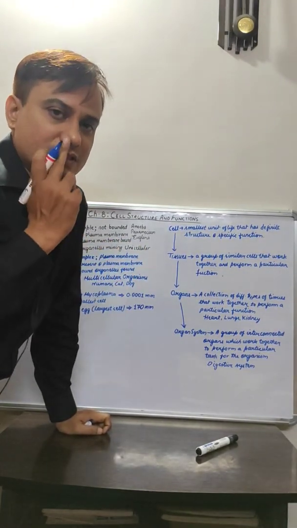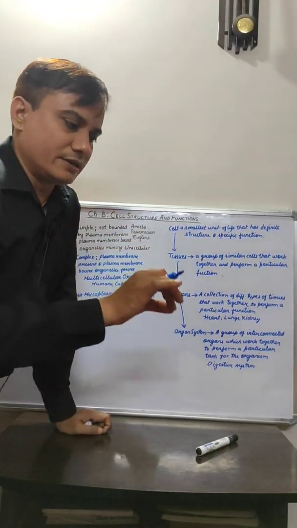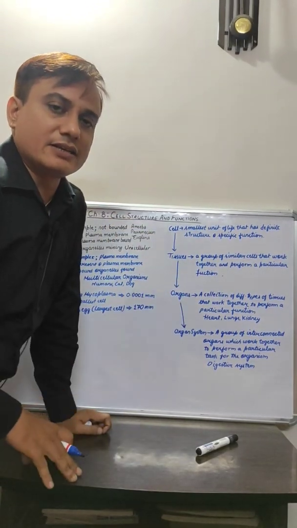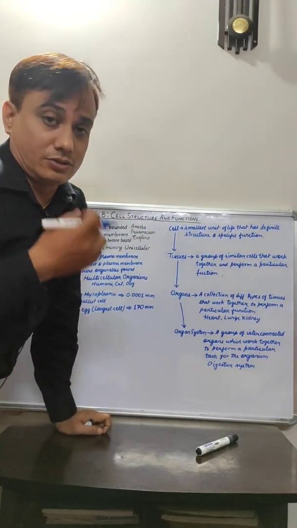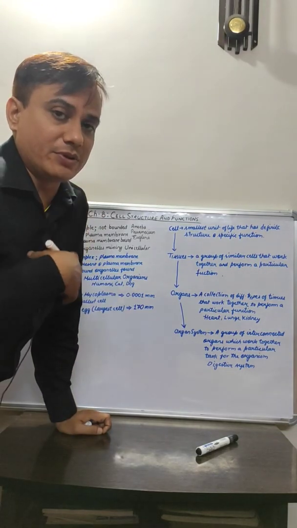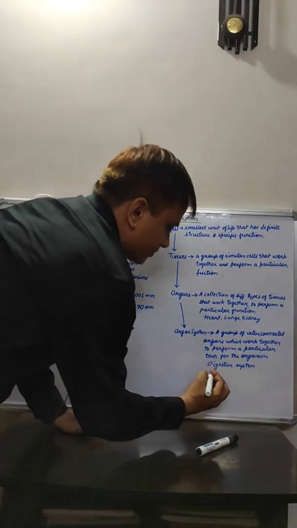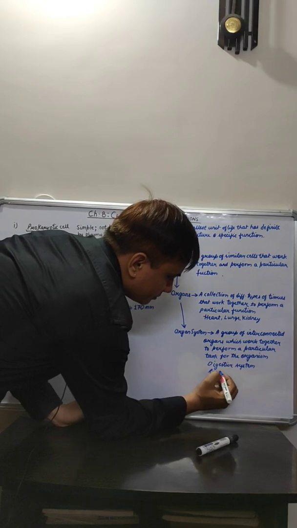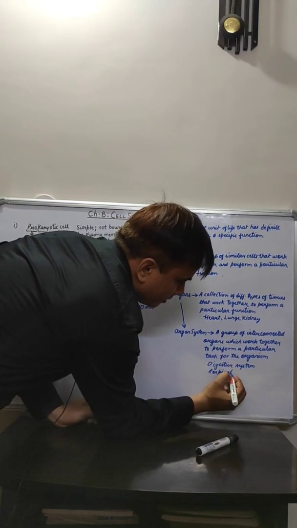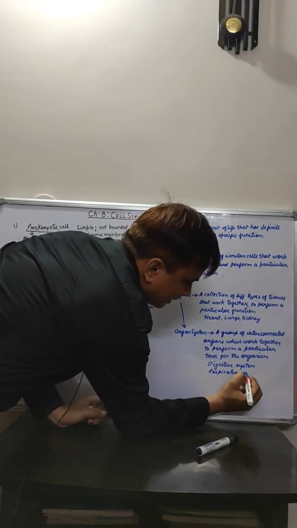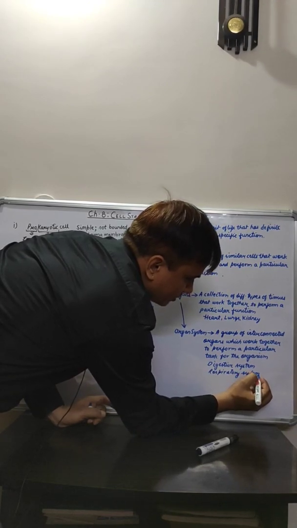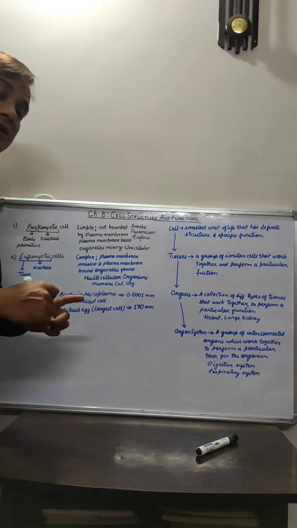But what happens if the nostrils are not there? How will the air or oxygen get inside the body of an organism? For that, the nostrils are important. The windpipe is also important, right? Respiratory system. All these are examples of the organ system.